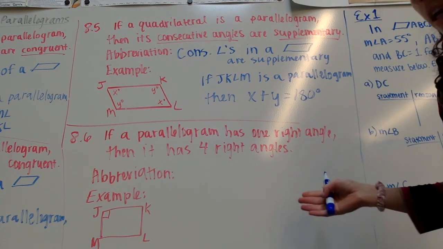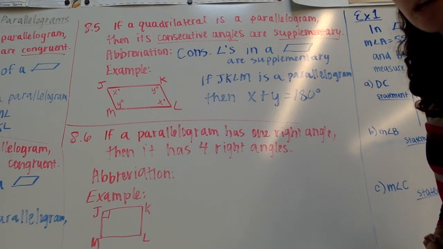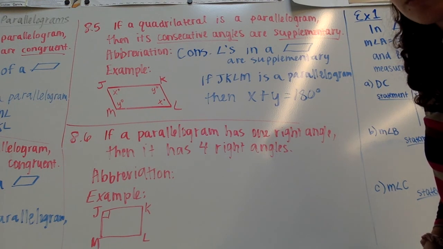Okay? And then 8.6, if a parallelogram has one right angle, then it has 4 right angles. Okay, so this one's written a little differently.